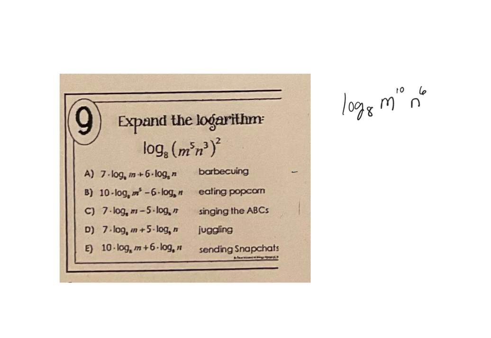Now, we have our two separate numbers here, and they both have exponents. So we can separate these with a plus sign, and we're going to pull those exponents out front. So we can write this as 10 log base 8 of m plus 6 log base 8 of n.